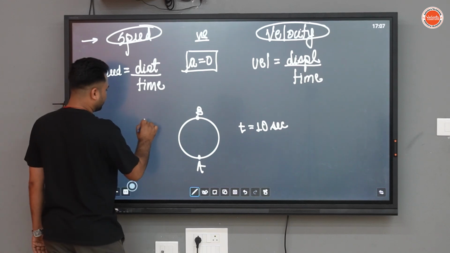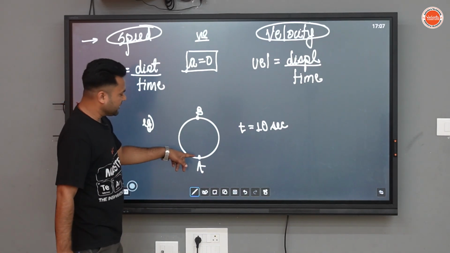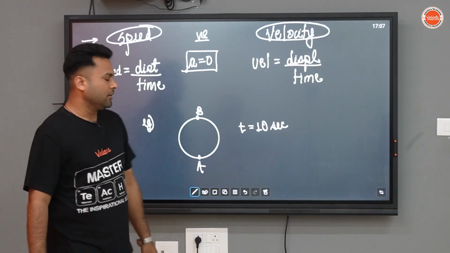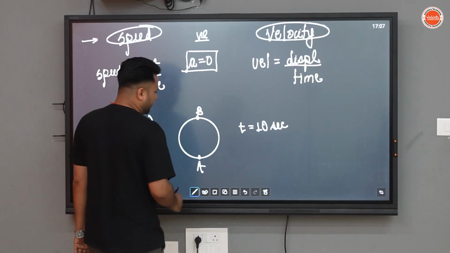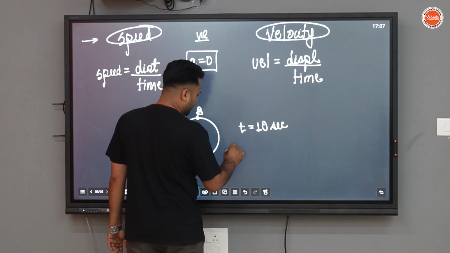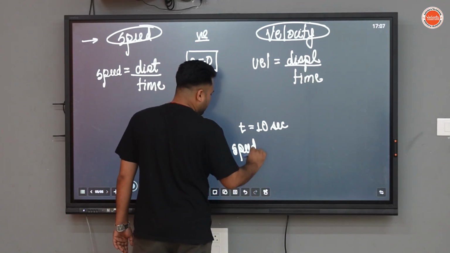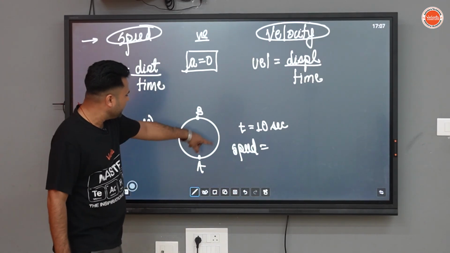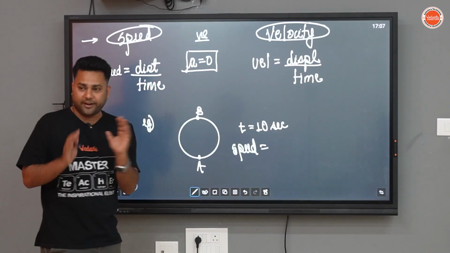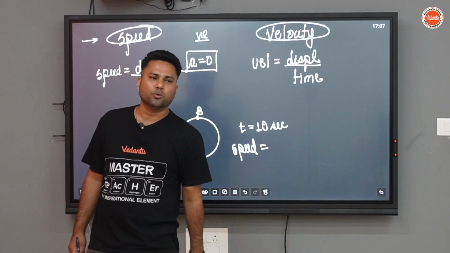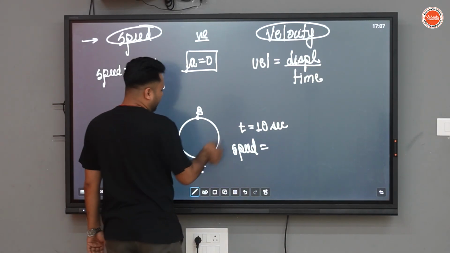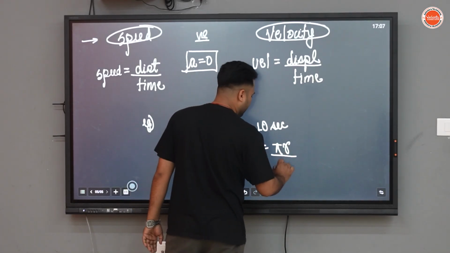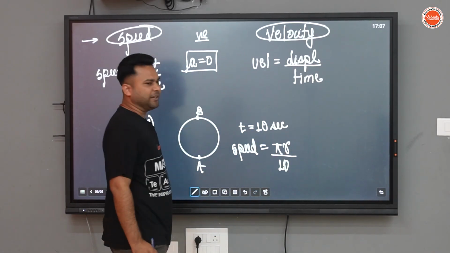First question is, what is the speed? So speed equals distance by time. So distance, how much has it covered? 2 pi r divided by 2, because this total length is 2 pi r, so half length will be pi r. So this is distance by time, that is 10. So this is the answer for speed.